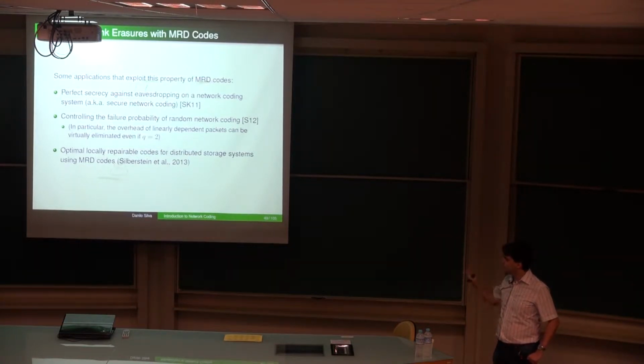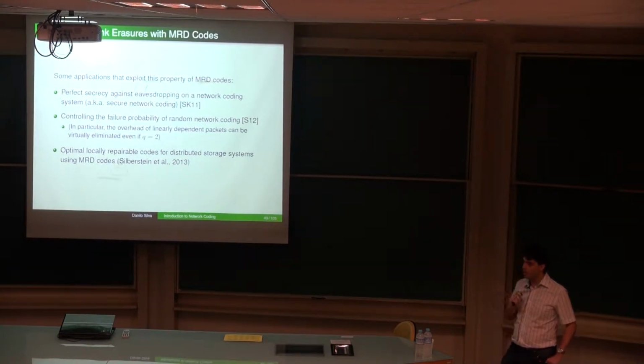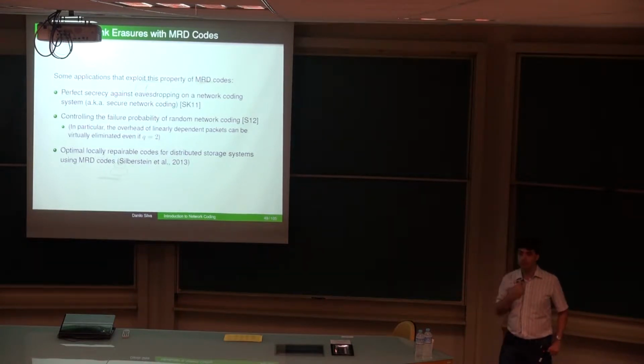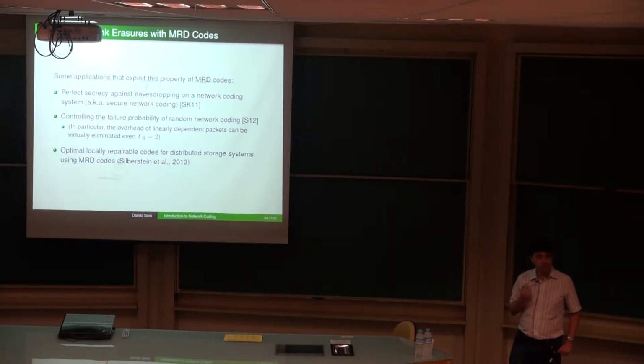Essentially, the proof of secrecy involves a rank erasure channel, so the property of MRD codes comes in handy in that problem. It can also be used to control the failure probability of random network coding.